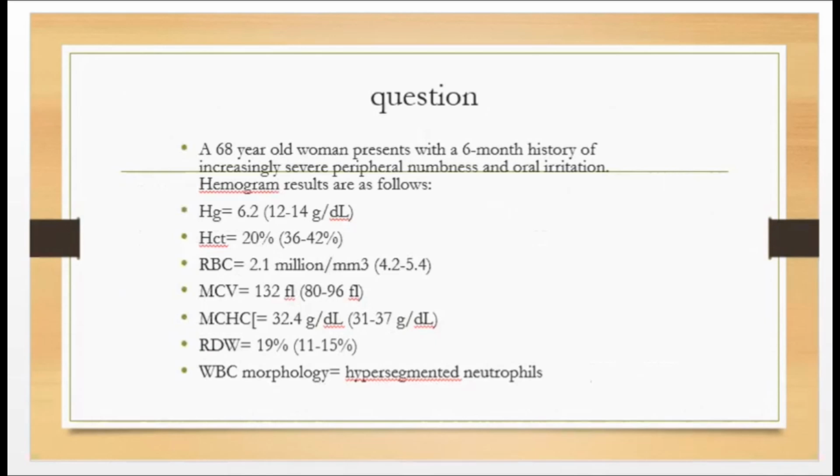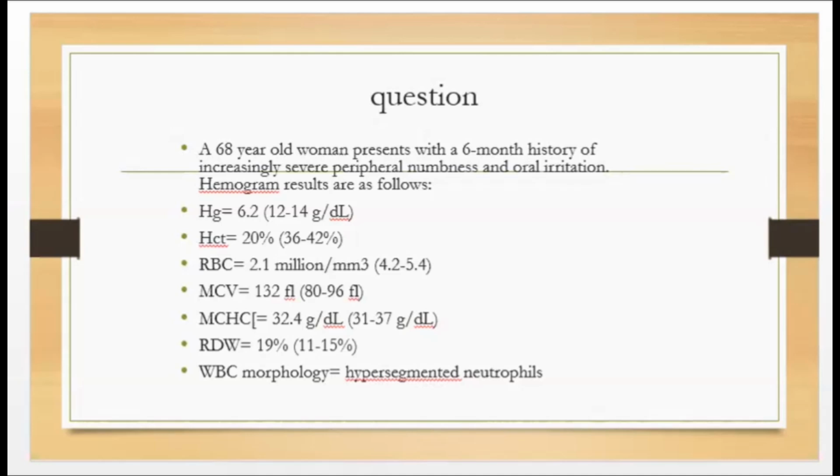Look at this one. A patient presents with 6 months of history of increasingly severe peripheral numbness. So when you start hearing of numbness, tingling sensation, what are we talking about? B12, okay? It's usually your B12 deficiency, and folate, they are under the same group.